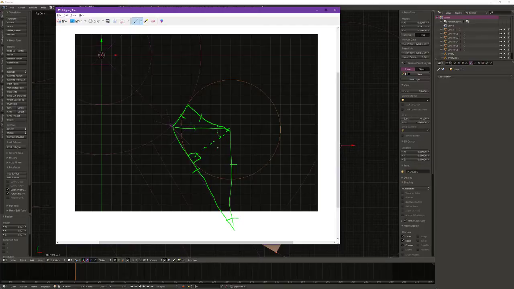Oh, and I have that distance. Okay. So I just need that angle. So we have that. Okay. So we have that angle, that distance, and that distance. And then it can make a triangle from that.